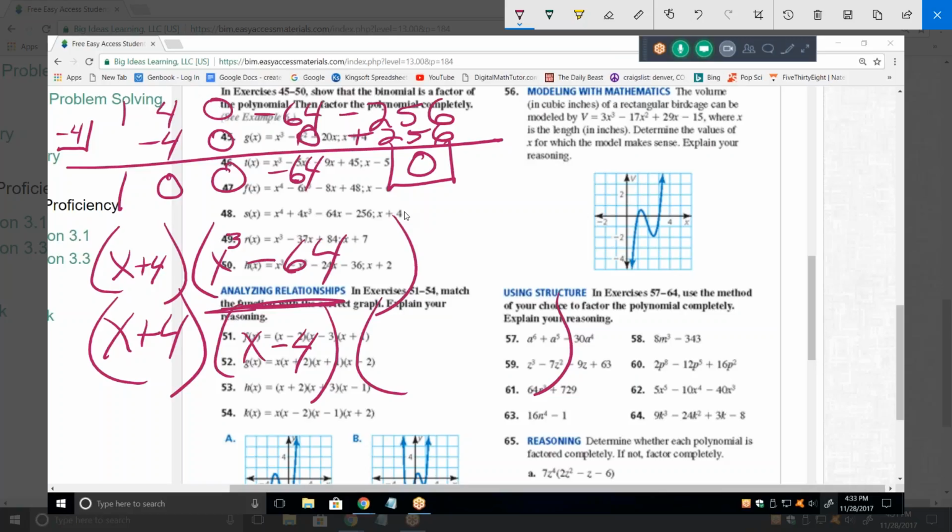It's the other side, the rest of it. x squared plus, opposite, whatever this sign was, this is the opposite of. So plus 4x plus 16.